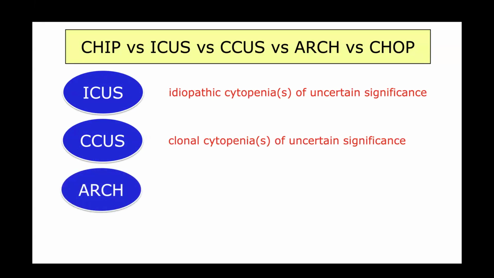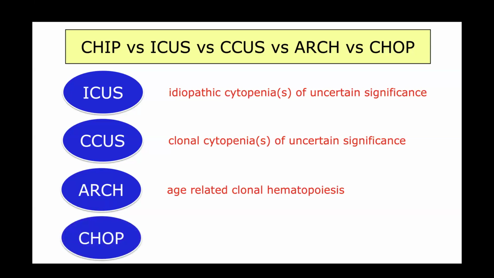Then there is ARCH, age-related clonal hematopoiesis, which some people have used as being analogous to CHIP. There are some subtle differences. There is CHOP, which is not the standard chemotherapy that has been used for decades to treat lymphomas, but clonal hematopoiesis, not of indeterminate potential, but rather oncogenic potential.